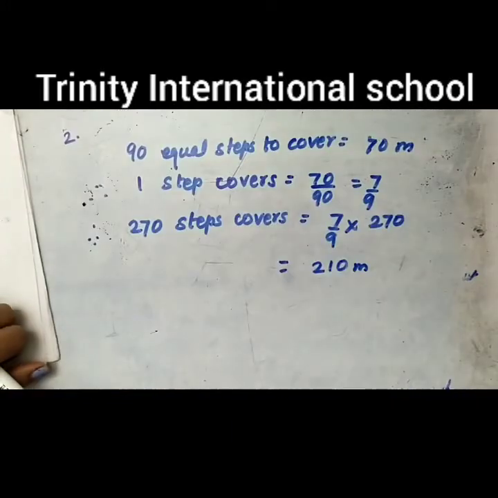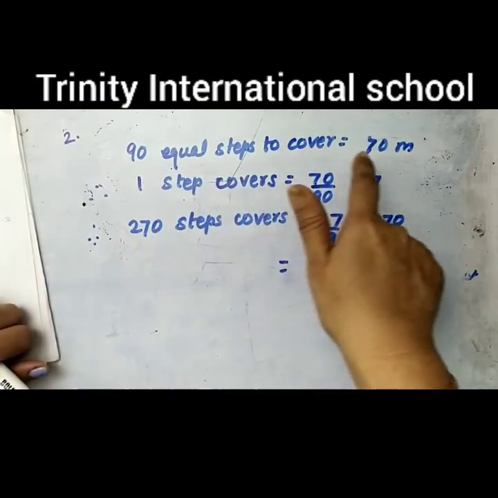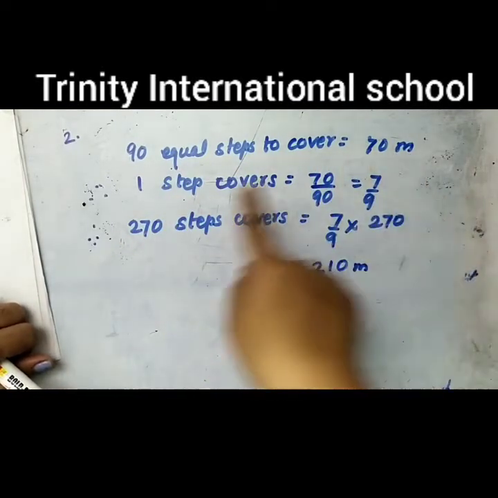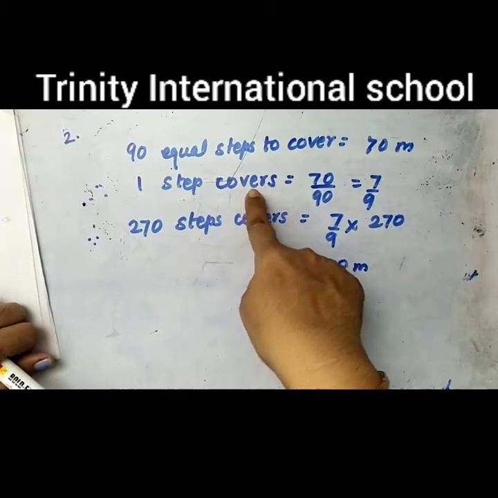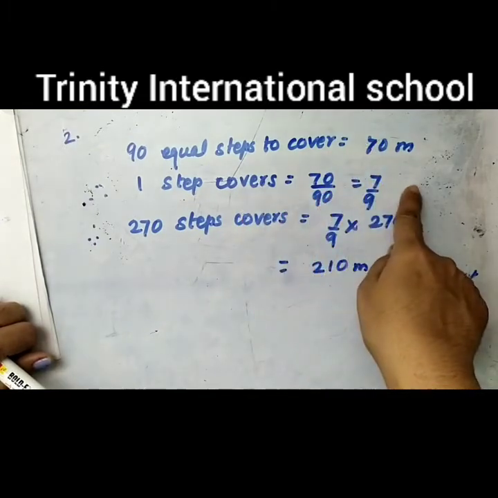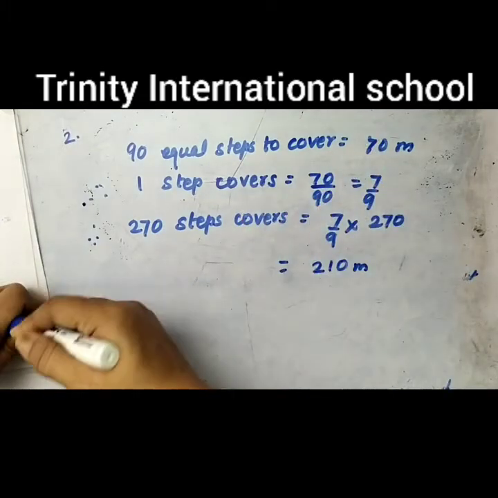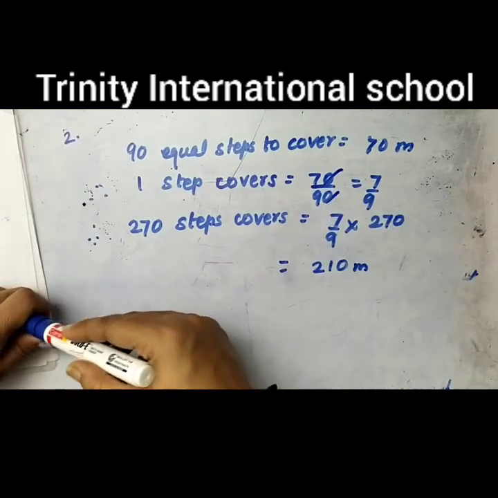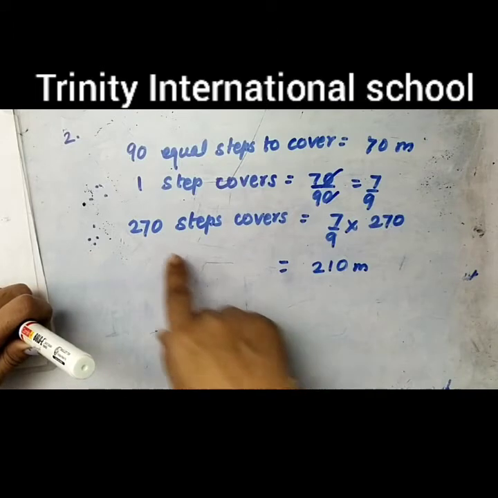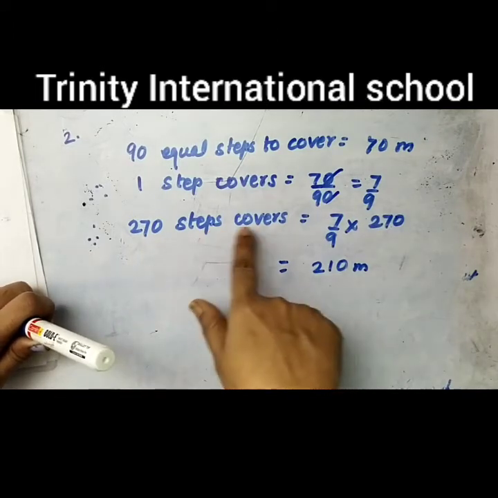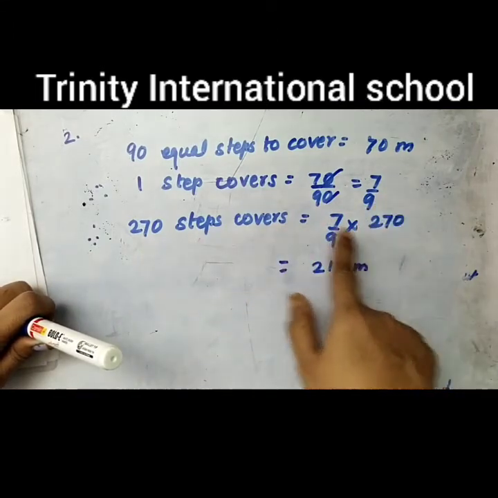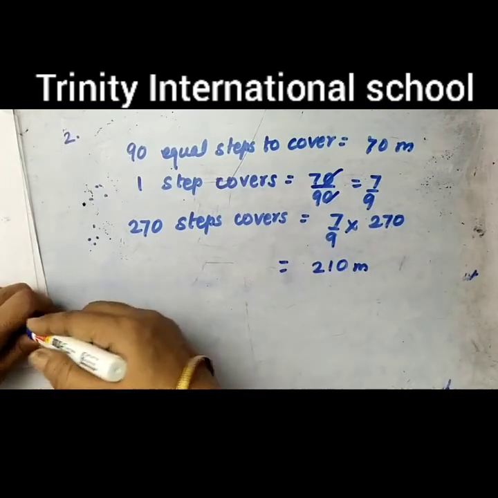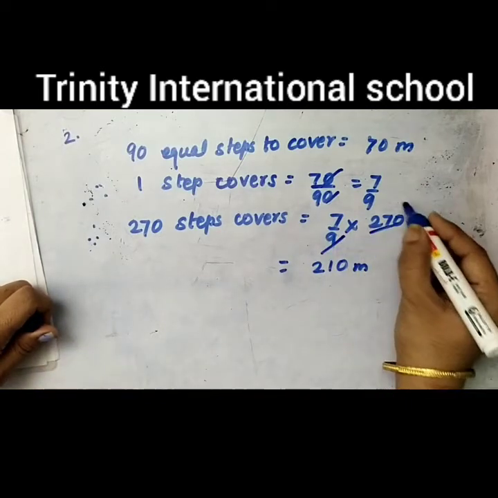Now see the statements. 90 equal steps cover 70 meter distance. So one step will cover 70 upon 90, that is 7 upon 9. 7 upon 9 कैसे आया? हमको ये 0 0 cancel कर दिया. Okay, so this will give you 7 upon 9. Now 270 steps will cover 7 upon 9 into 270. So 9 3s are 27.